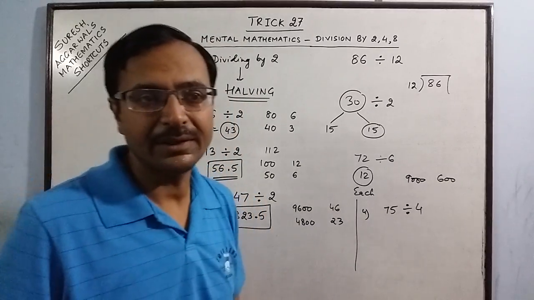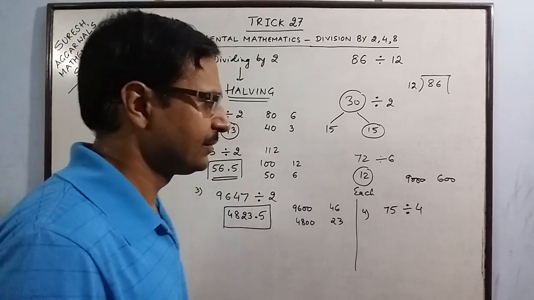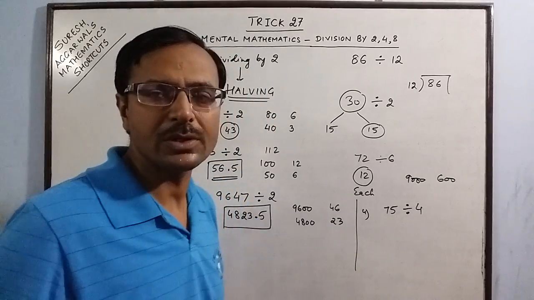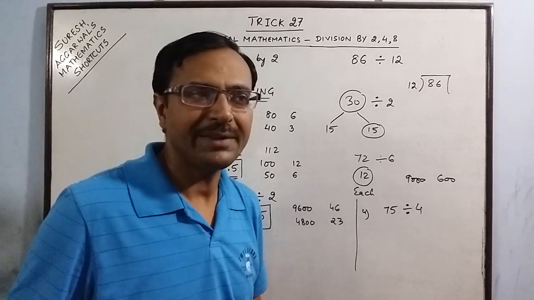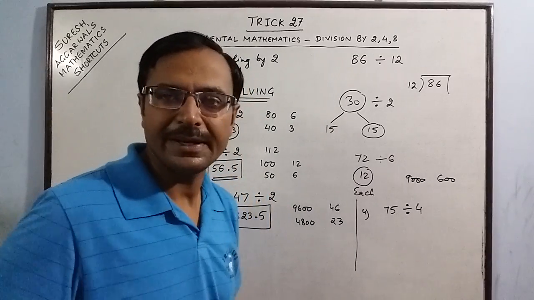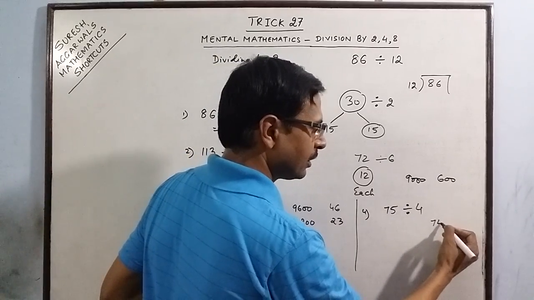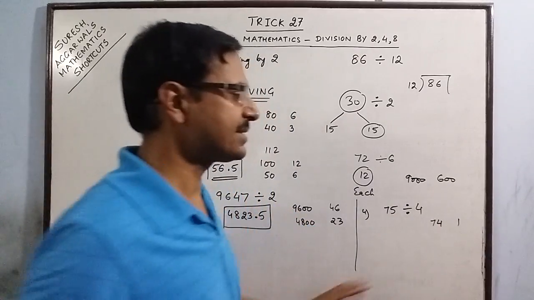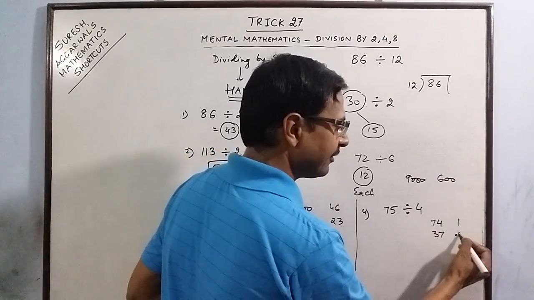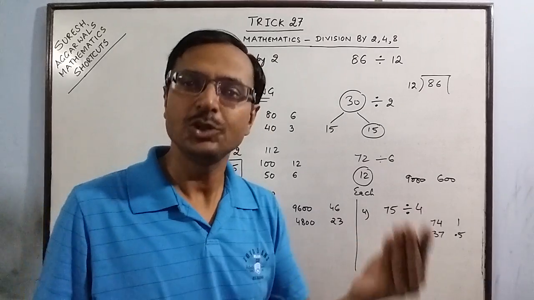Now let us see how it is done. Again 75 is odd. So what I do is I reduce it by 1. You can do it that way also, or further, if you have that skill level, you can do it simultaneously also. See, I'll do it simultaneously. 74 and 1 is 75. Now half, 37.5. So this 37.5 is I have divided 75 by 2.